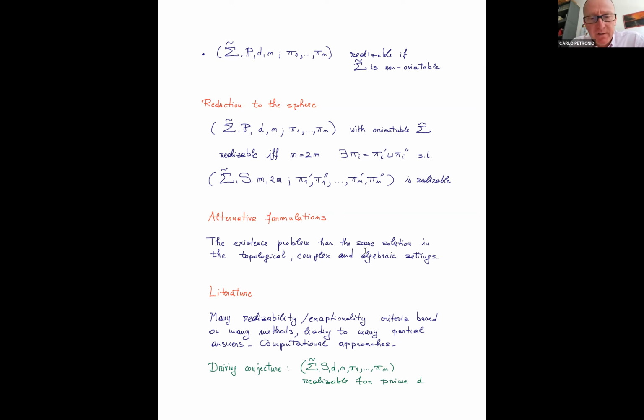set of partial results that are known, there is one conjecture that emerges that illuminates the question: the branch datum should be realizable if the candidate degree is a prime number.